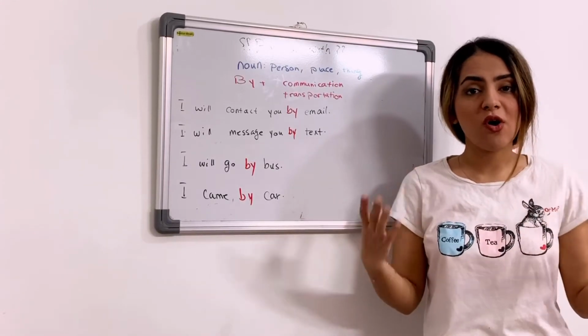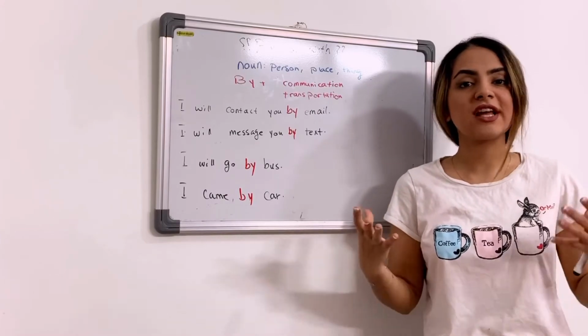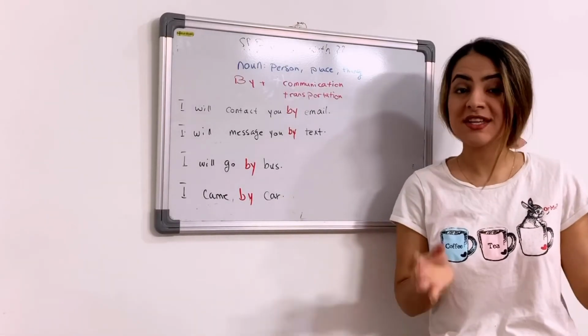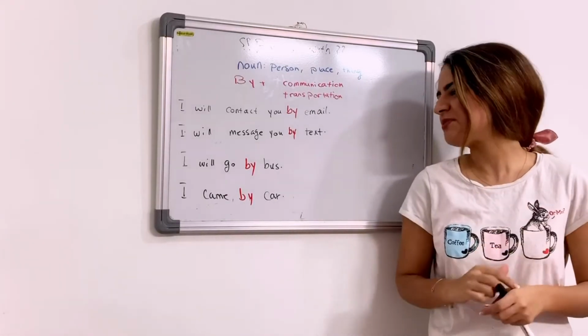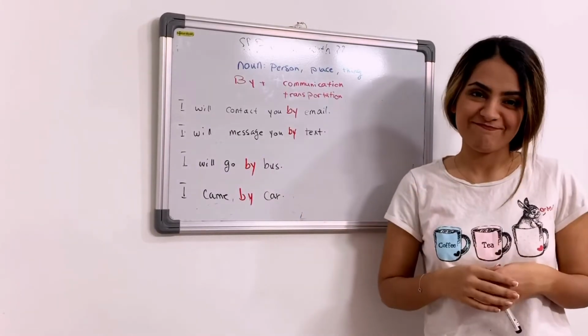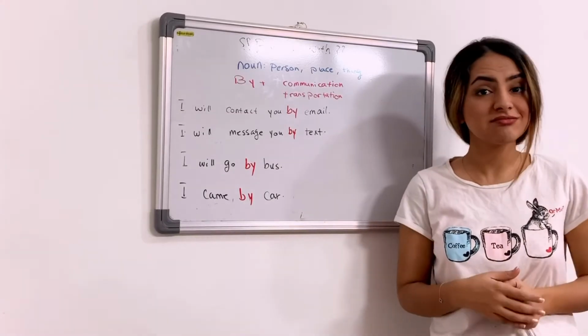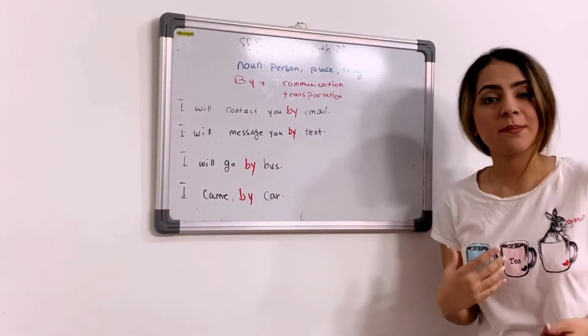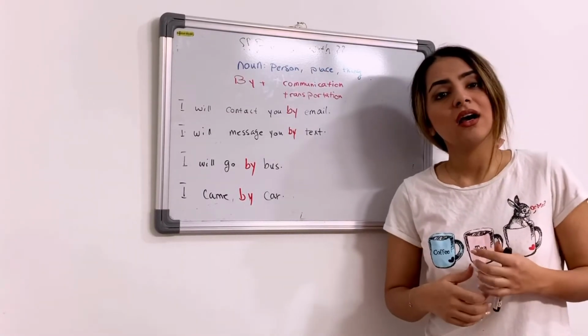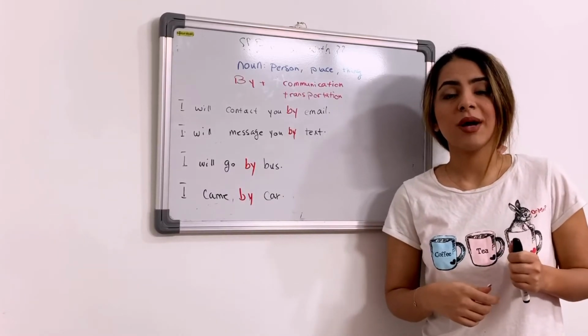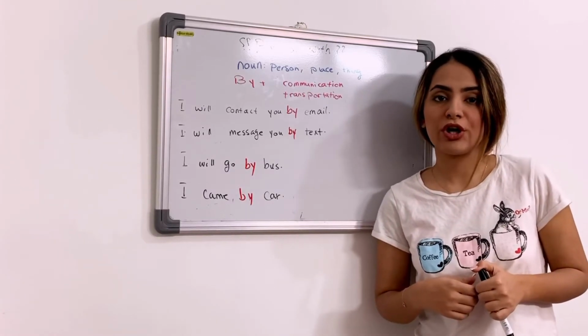You could use all of these different kinds of transportations and use by before them. So I will go by bus, or I came here by car. I went there by taxi. I'm gonna go by Uber.